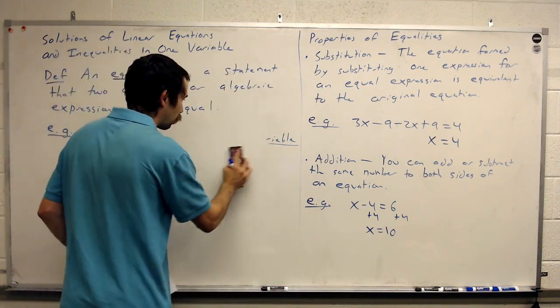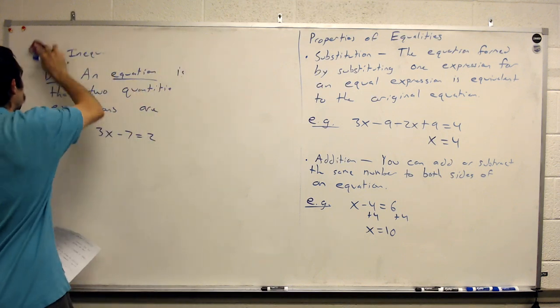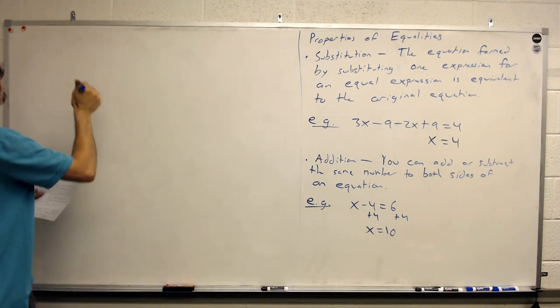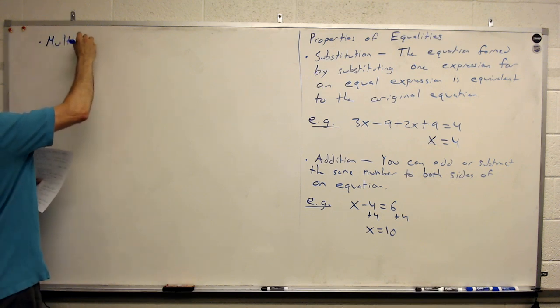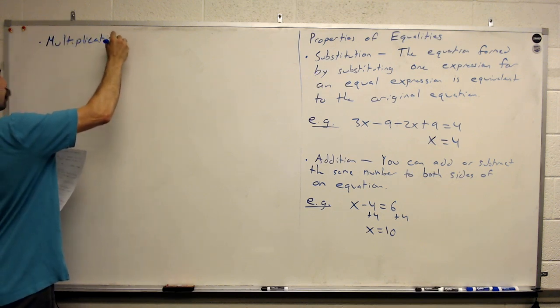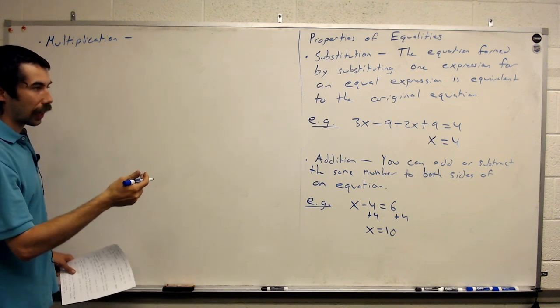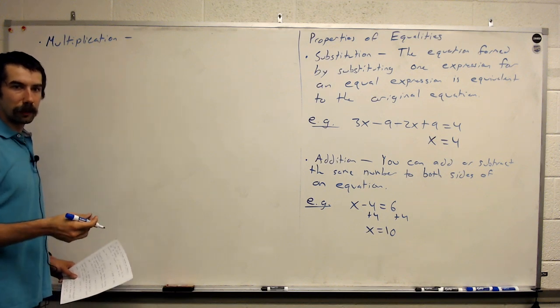And then the last property is multiplication, which is just like the addition property, except there's one subtle difference. So the multiplication property says you can multiply or divide any non-zero number to both sides of an equation.